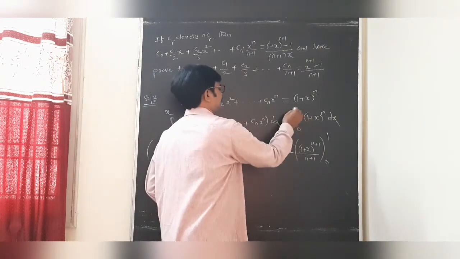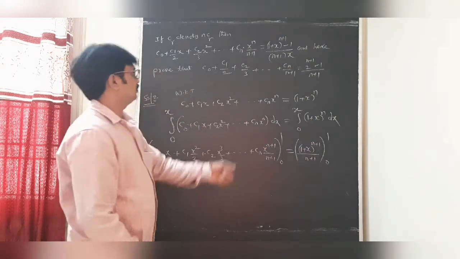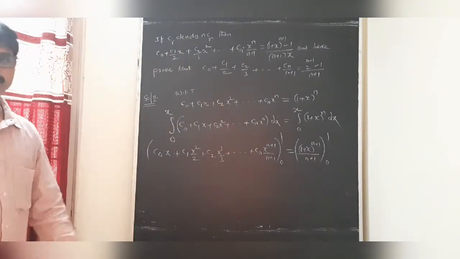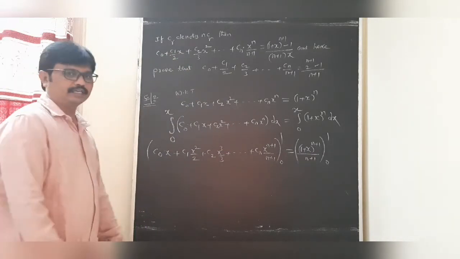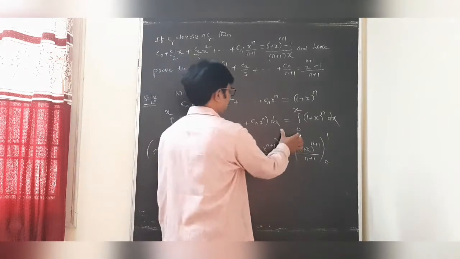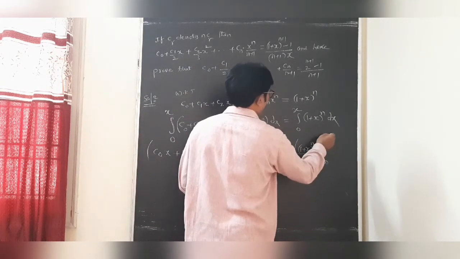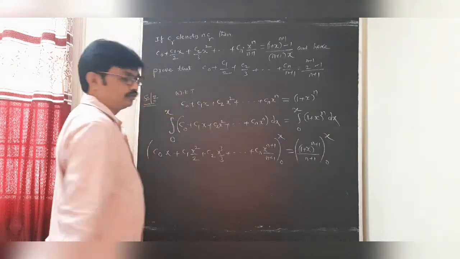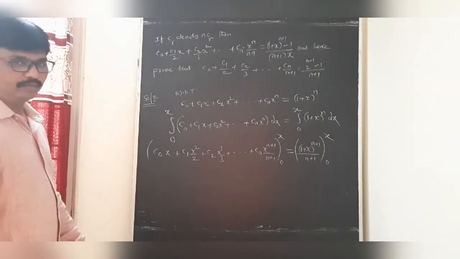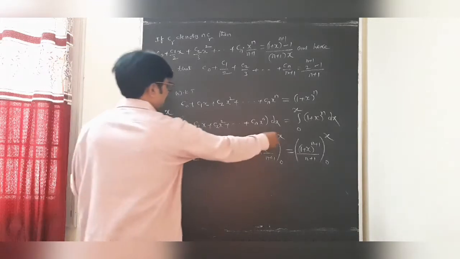After that we are taking x equal to 1. Okay students, we are taking the limits 0 to x only. So first of all, everybody substitutes 1 replaced by x.